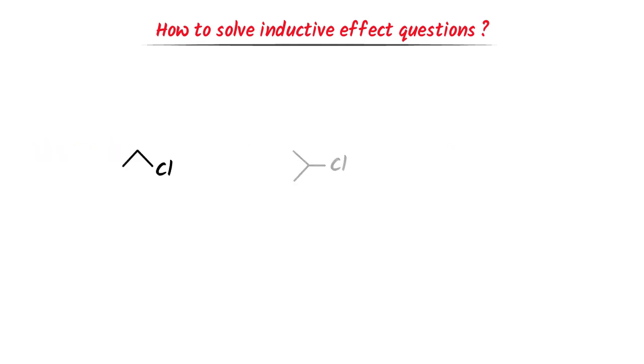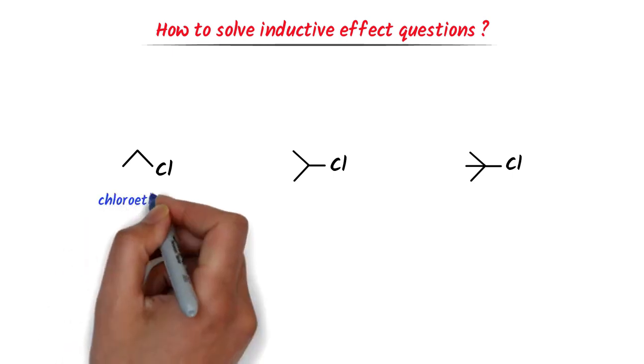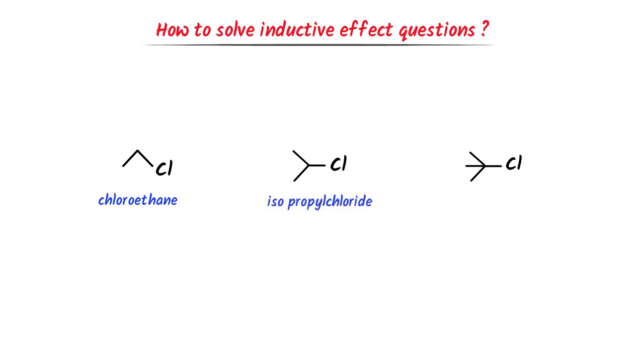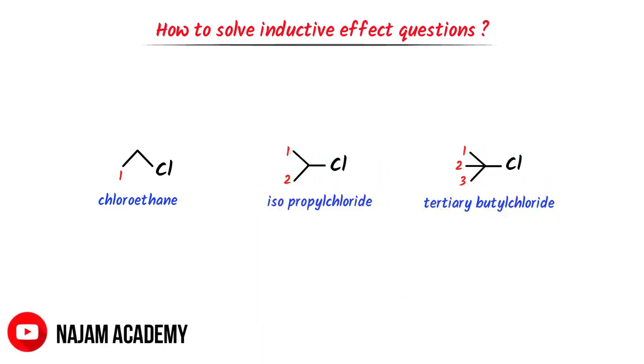Now consider these compounds. Which chlorine has more inductive effect in these compounds? Well, we know that this is chloroethane, this is isopropyl chloride, and this is tertiary butyl chloride. Here, this chlorine is bonded to 1 methyl, this chlorine is bonded to 2 methyls, and this chlorine is bonded to 3 methyls.